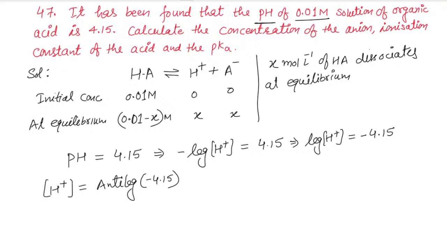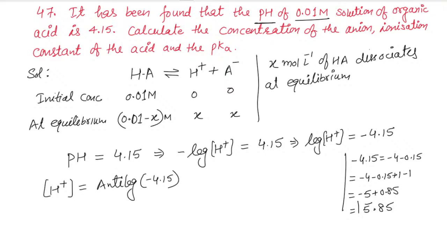So what we do, we take it as minus 4 minus 0.15. Now minus 4 minus 0.15, plus 1 and minus 1, so it becomes minus 5 plus 0.85. The decimal part should be positive, so it is 5 bar 0.85.